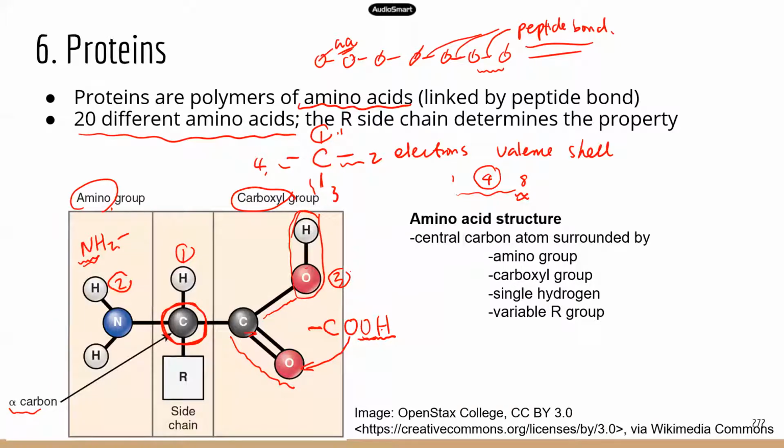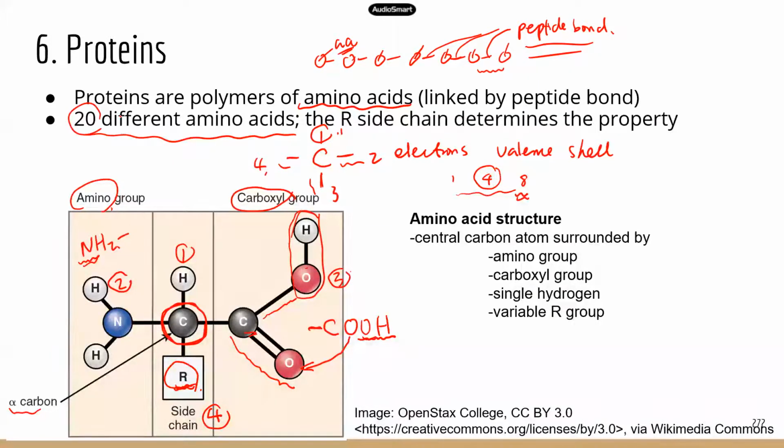And the very last component bonded with that central carbon is an R group, the R side chain. Now the R can be anything. It can be as simple as a hydrogen atom. It could be as complex as a few chemical functional groups all linked together. So that's R. We talked about there being 20 different amino acids.